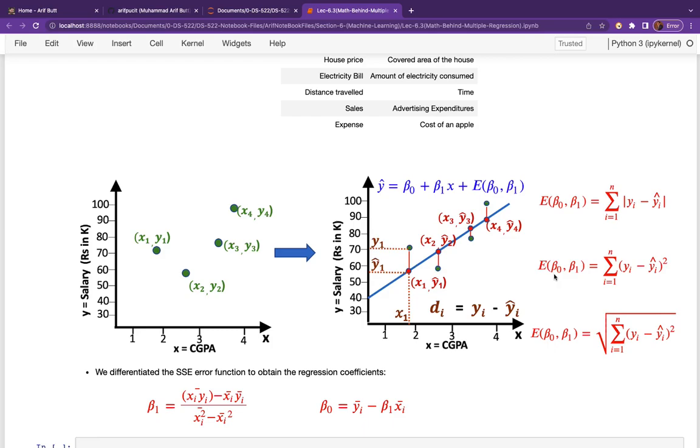And of course we did that by calculating the partial differentiation of the error function with respect to beta naught and beta 1, and then equating it to 0. Finally, we arrived at this closed form solution for finding beta 1 and beta naught, shown in red at the bottom.